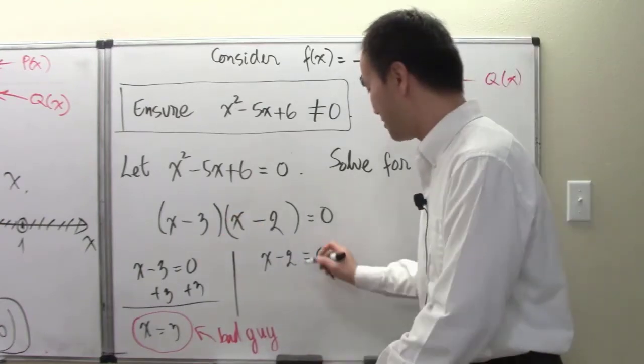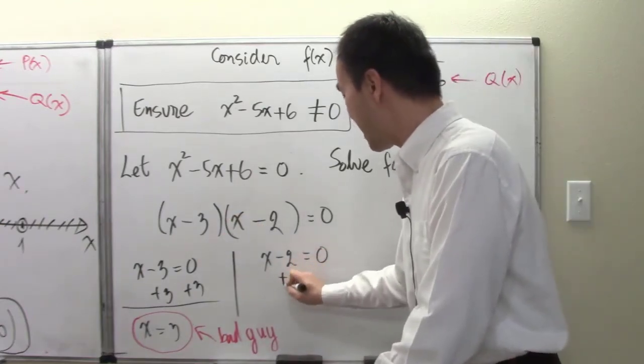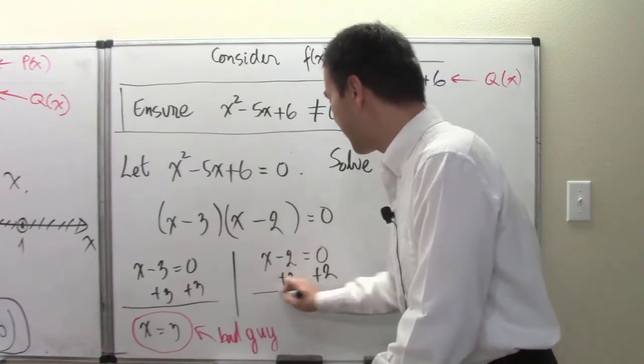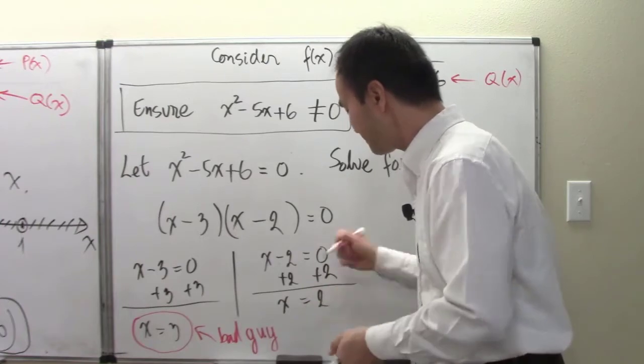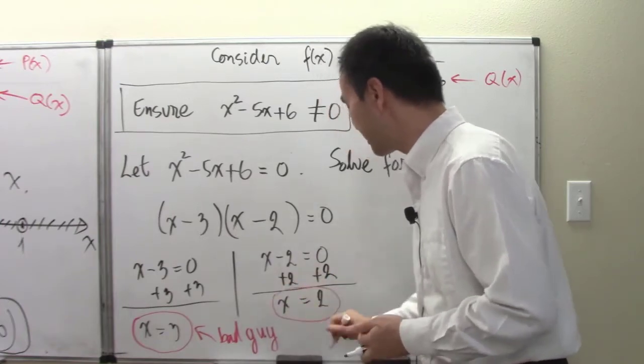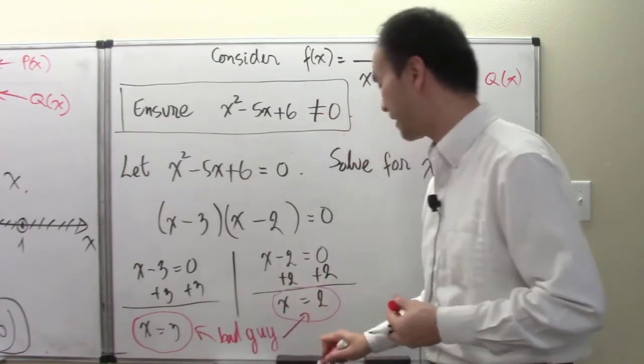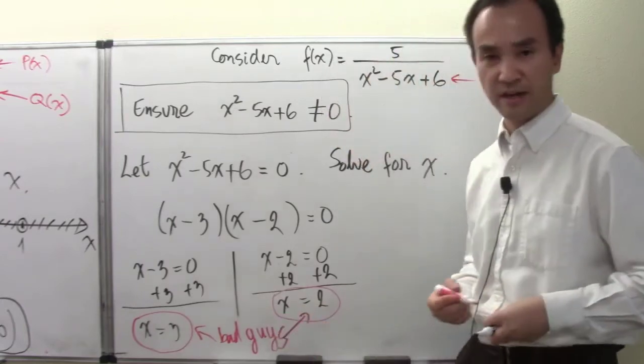Okay, so x minus 2 equals 0. I'm going to add 2 to both sides, and that gives me x equals 2. So here we go, I'm circling that in red, and we found another bad guy. So now it turns out we have 2 bad guys here.